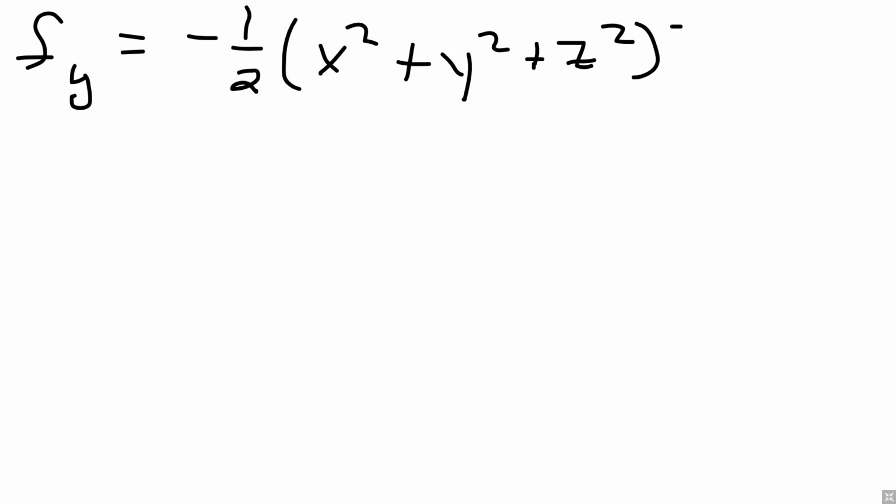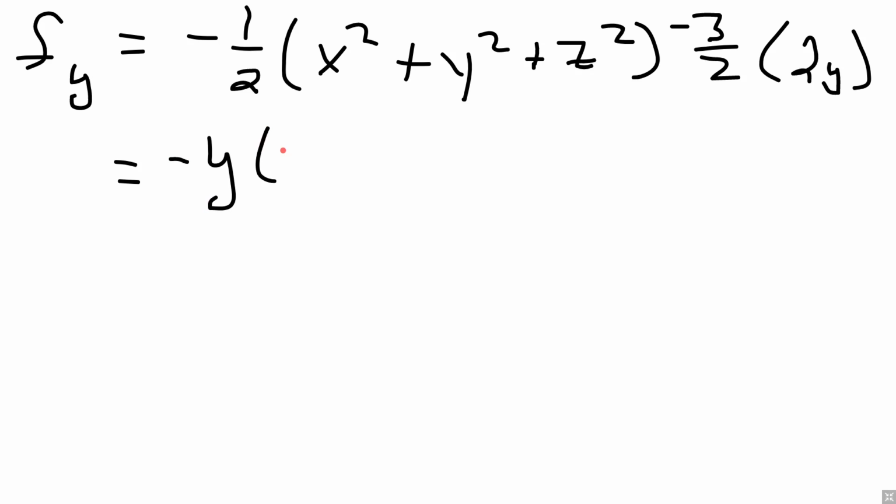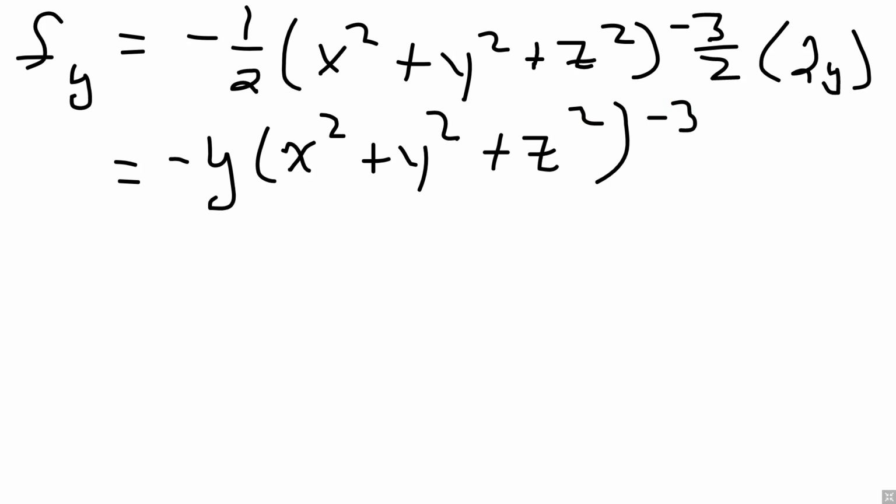Negative 3/2. Then we multiply it by what? 2y. If we clean this up, we end up with negative y times x squared plus y squared plus z squared to the negative 3/2. Any questions?